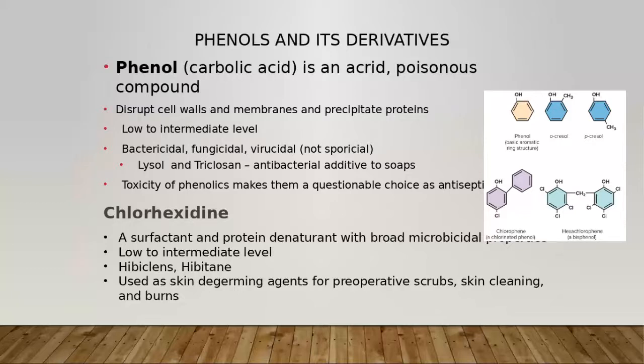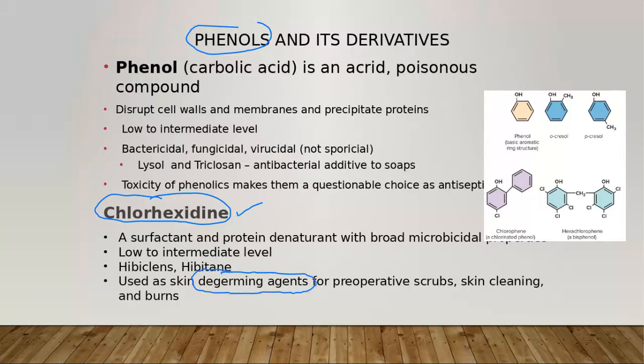Okay, now the second type is phenols. So phenol, like carbolic acid, or chlorhexidine. Chlorhexidine is one of the most common chemicals used in some hospitals, for example, as a degerming agent, for degermination.